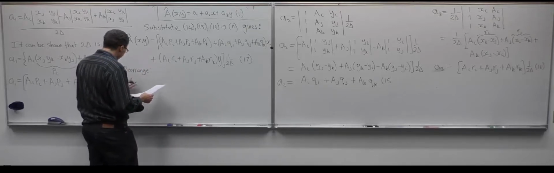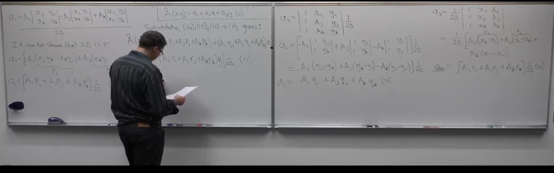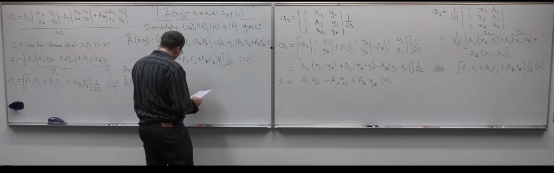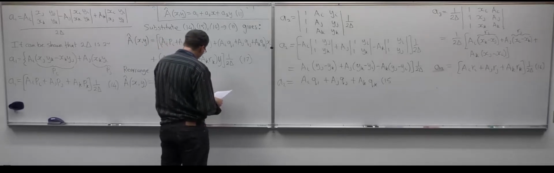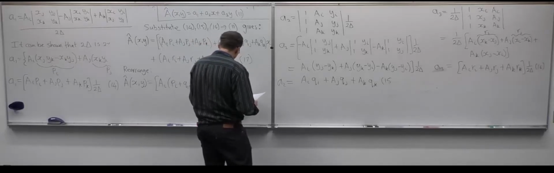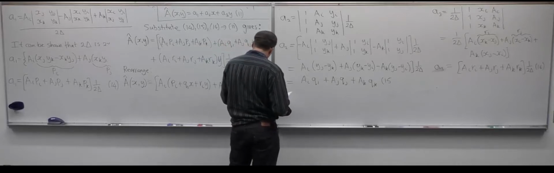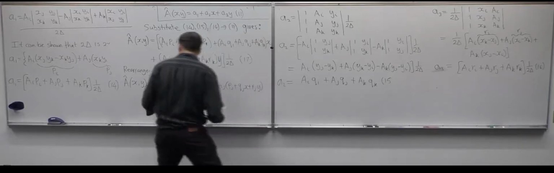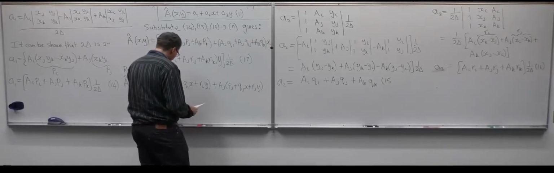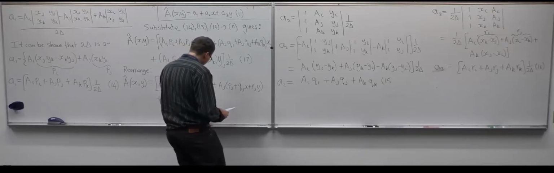So we have A(x,y) is equal to Ai, collecting terms for Ai, we have Pi plus Qi x plus Ri y, and then we have Aj, which is Pj plus Qj x plus Rj y, plus Ak, which equals Pk plus Qk x plus Rk y.